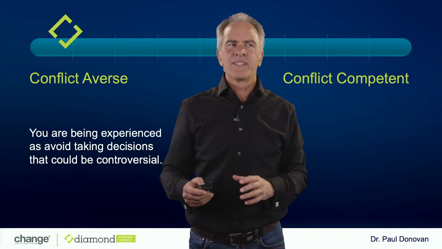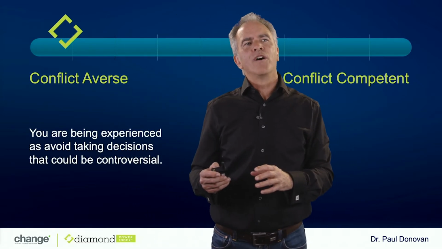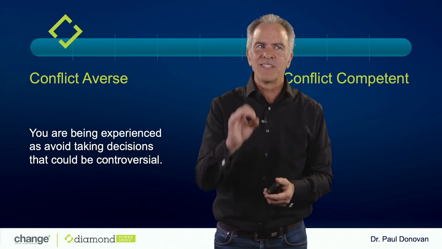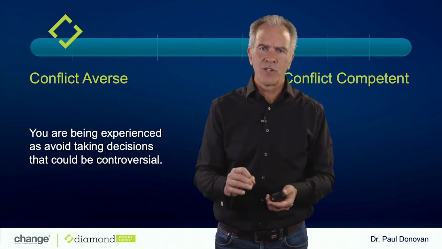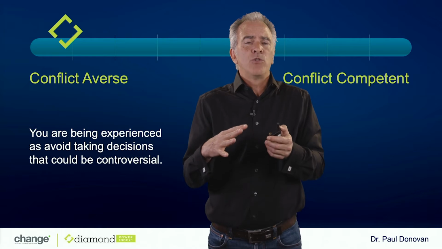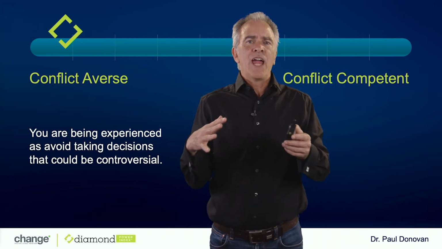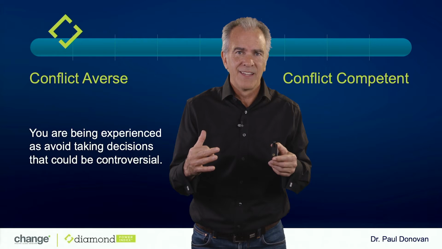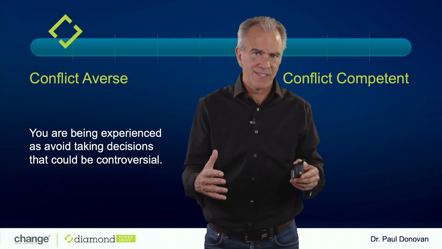And if you're someone who is conflict averse, you're someone who avoids taking decisions in areas that are controversial. You may be experienced as someone who's dithering in areas where there are interpersonal conflicts or interpersonal tensions.